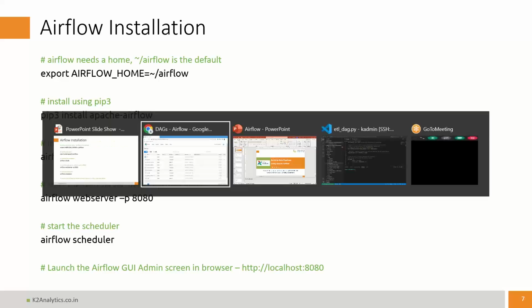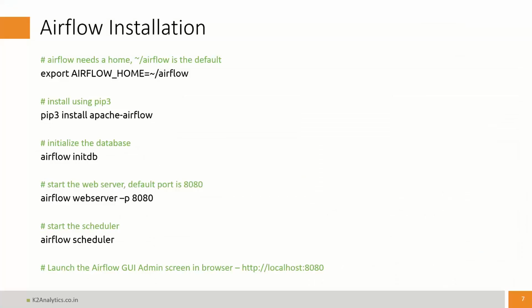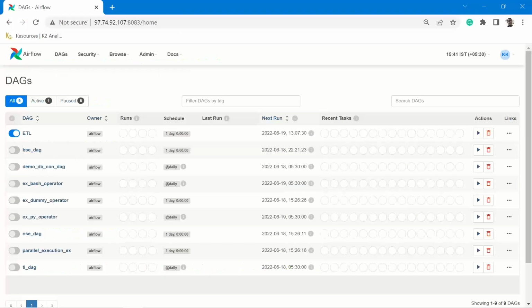For example, in my case, because I'm using a Linux server, my 8080 port is blocked by some other application. So instead of running Airflow on 8080, I have executed it on 8083. But if you launch it, you will get the Airflow user interface, something like this.